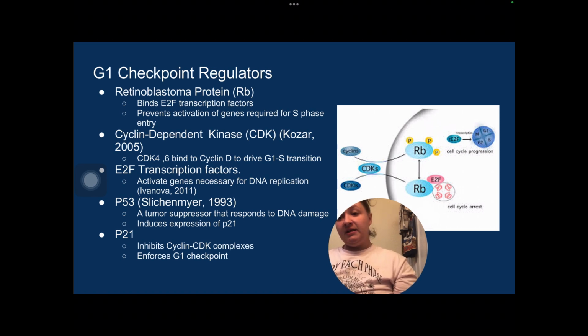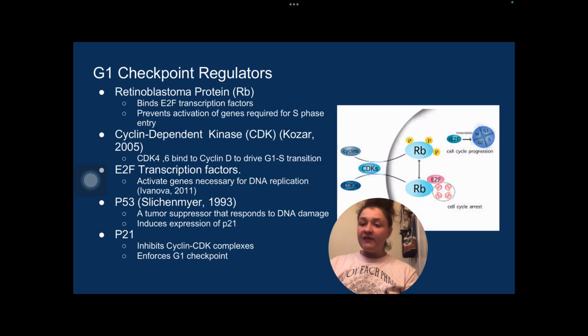The G1 phase is regulated by a network of proteins, including cyclins, cyclin-dependent kinases, or CDKs, and tumor suppressors. Cyclins are proteins that regulate the activity of CDKs, which are enzymes that phosphorylate specific target proteins to drive the cell cycle forward.